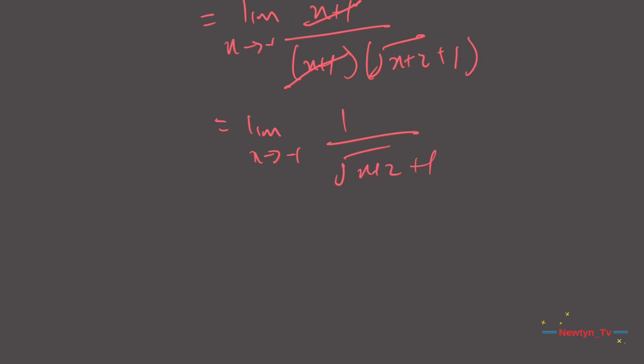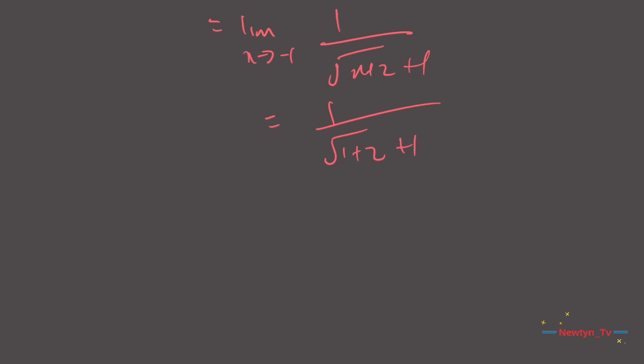Now here we can go ahead and substitute negative 1 wherever we see x. So we should get 1 over the root of negative 1 plus 2, plus 1.